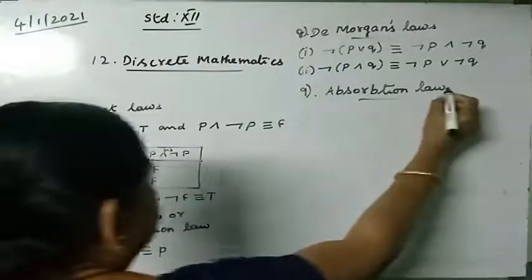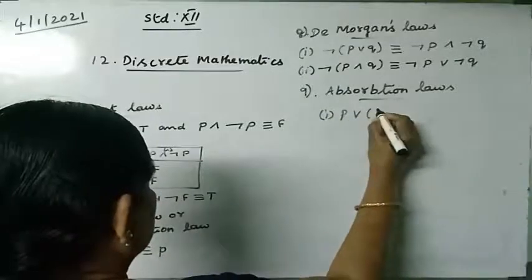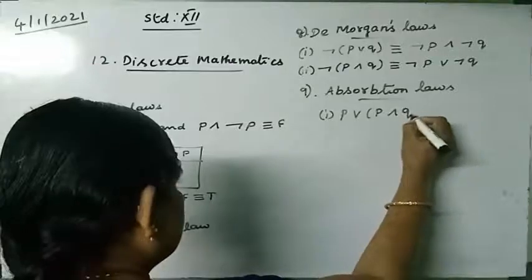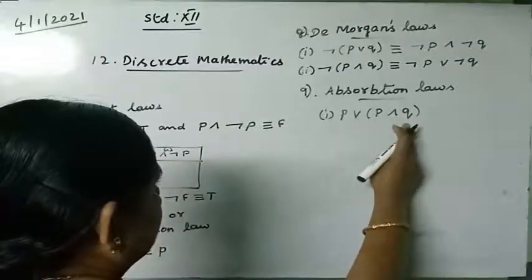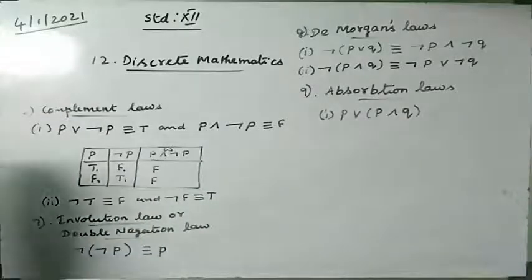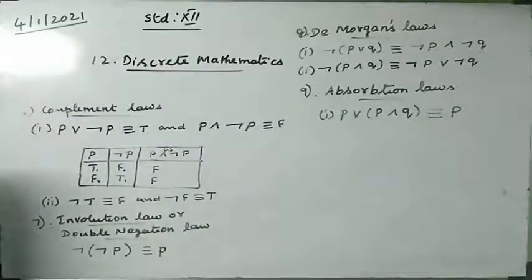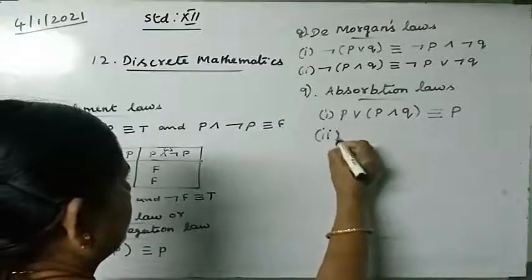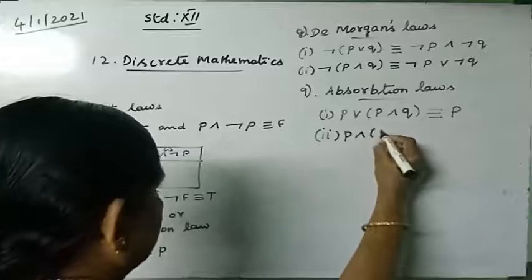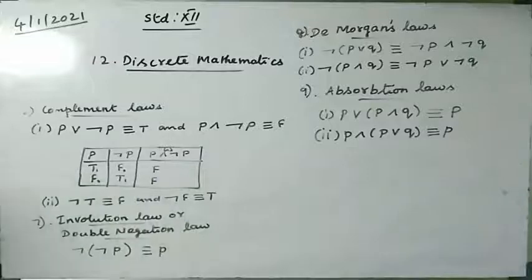Absorption laws அப்படின்னு எடுத்தோம்னா இதுல first one P or P and Q. இப்போ நம்ம P and Q already define பண்ணி வச்சிருப்போம். அதோட P add பண்ணும்போது we will get the answer P, which is equivalent to P. The same way P and P or Q, which is also equivalent to P. So these are called absorption law. By using these laws, we can prove the following.